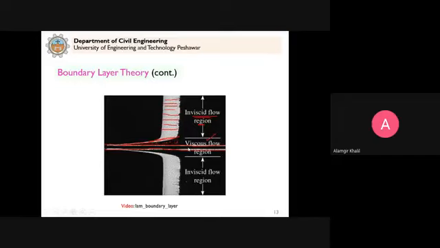We consider a flat plate because it's very easy to understand the mechanics of the boundary layer, and because later on we are going to develop different equations, so it's very easy to do that. But this will be for all types of objects. If we have a curved object, then it will be complex. That's why we commonly consider a flat plate in developing the basic concepts.